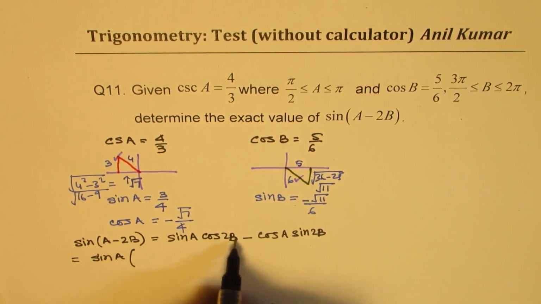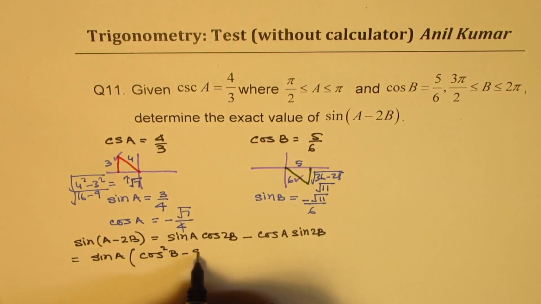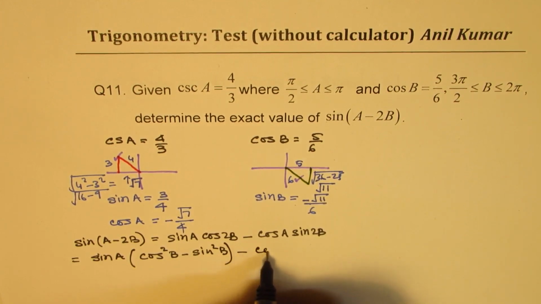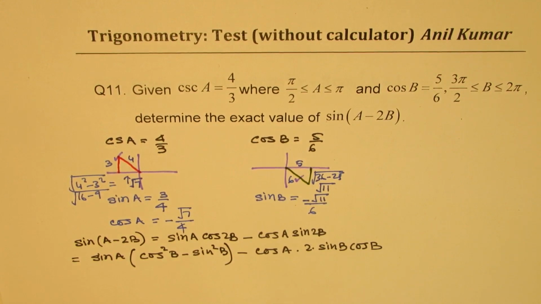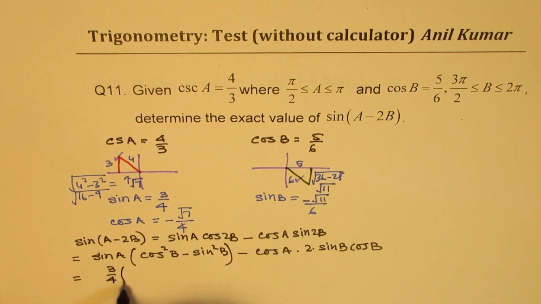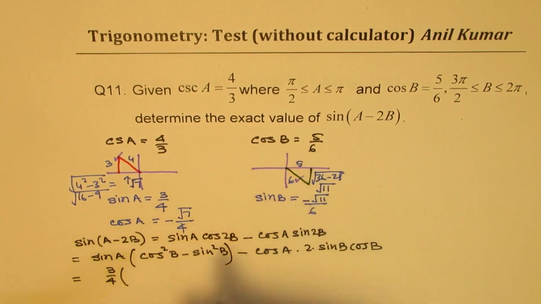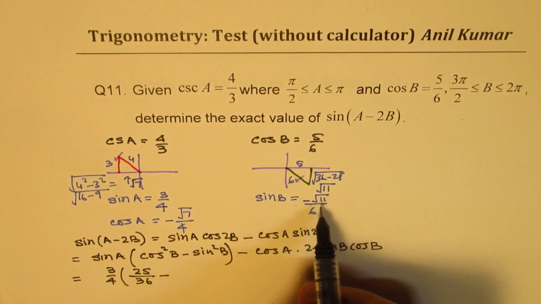Okay, so let's write this. Sine A, cos 2B as cos squared B minus sine squared B. Here we have cos A. Sine 2B is 2 times sine B cos B. Perfect. So let's now substitute the values. Sine A is 3 over 4. Cos squared B, this value given to us, 25 over 36, minus sine squared B. This is negative but becomes positive when you square it, right?